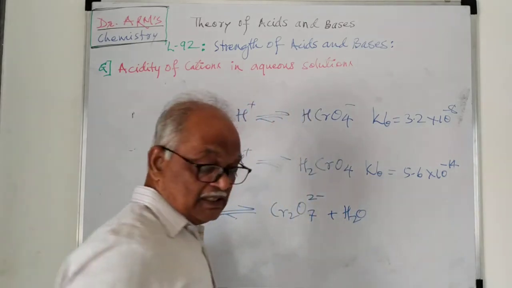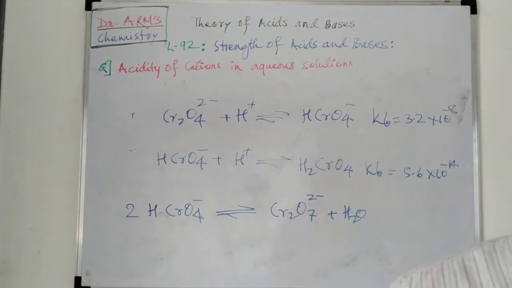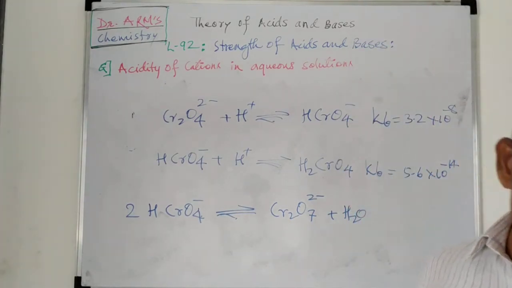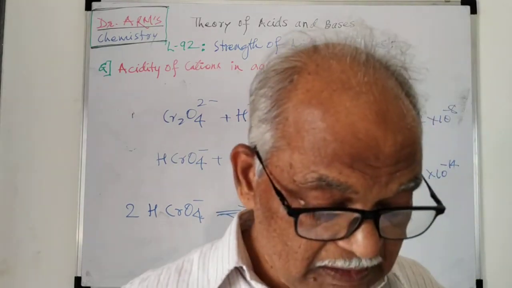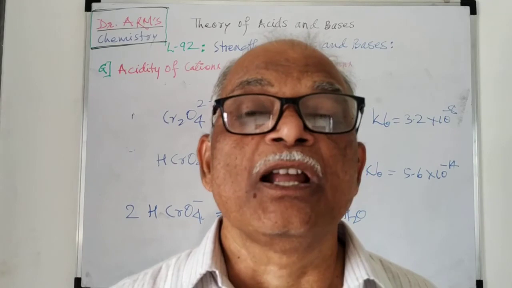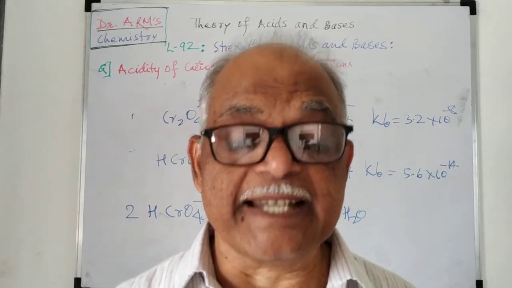So this shows the loss of water when the concentration of acid is increased. In this way we can observe the acidic nature or acidity of metal cations in higher oxidation states.